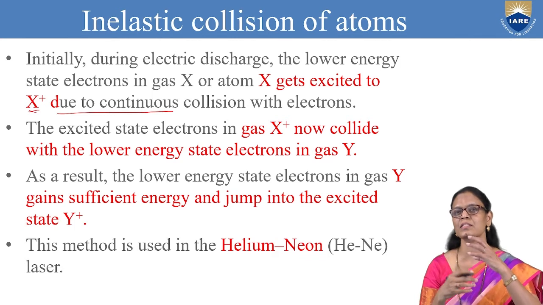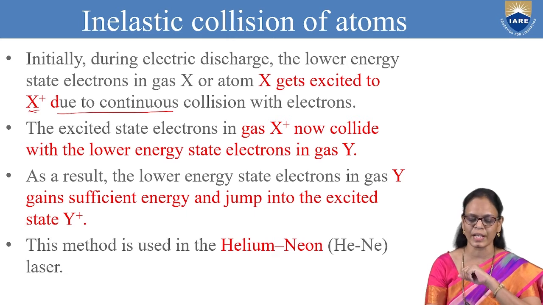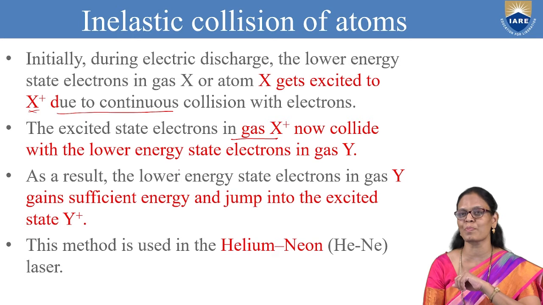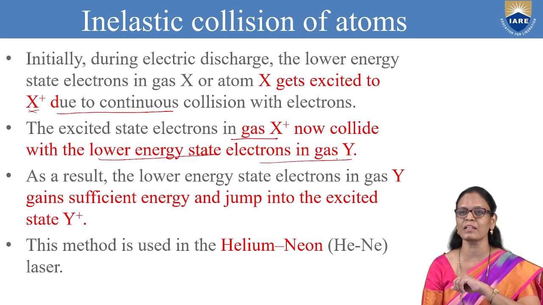When this electric discharge passes through the active medium, they collide with the atoms in the ground state. And now the excited atoms of gas X plus collide with the lower energy state electrons in gas Y. So once X gets excited, these electrons will collide with the lower energy electrons in Y.